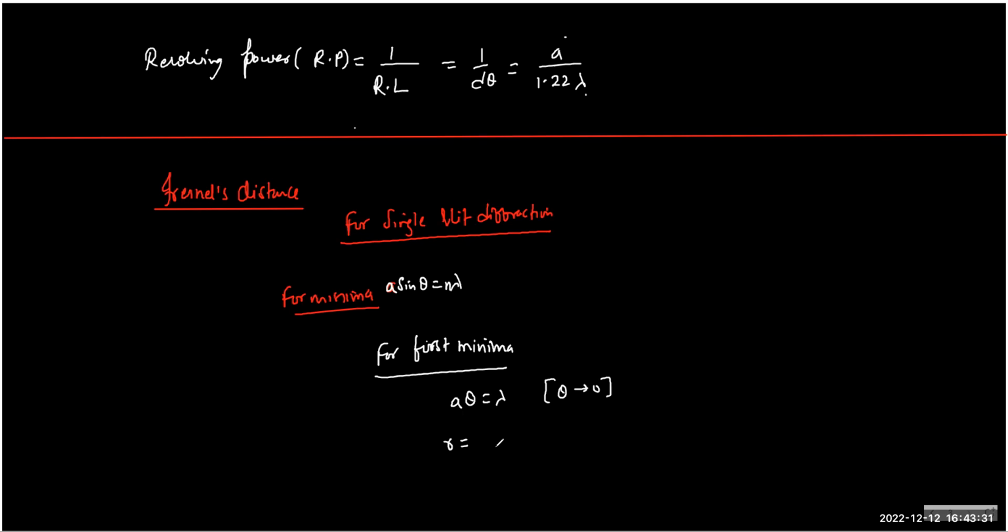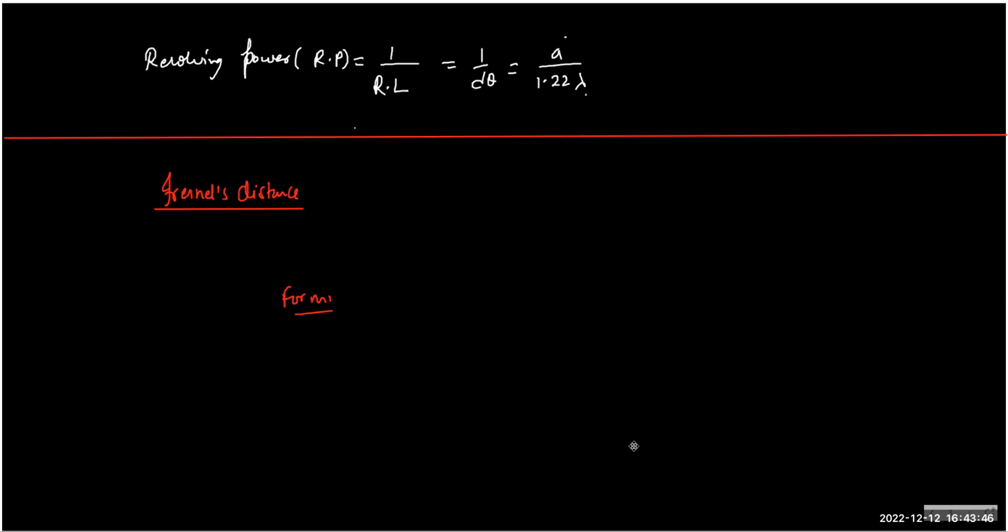So what I'm trying to say is that, okay, let's keep it circular only. But there is an approximation. I mean, the way it is explained is for a different case. I'll tell you. So Fresnel distance.